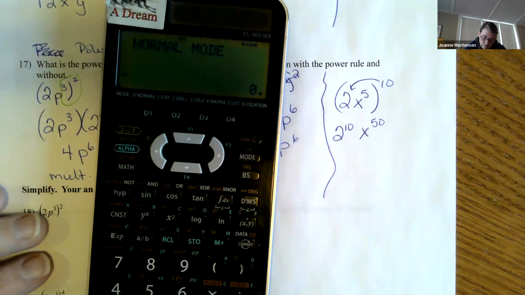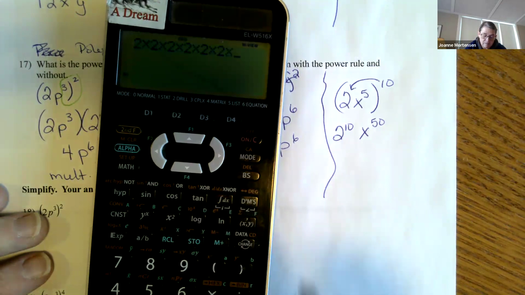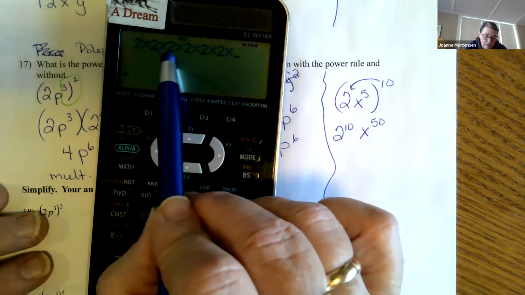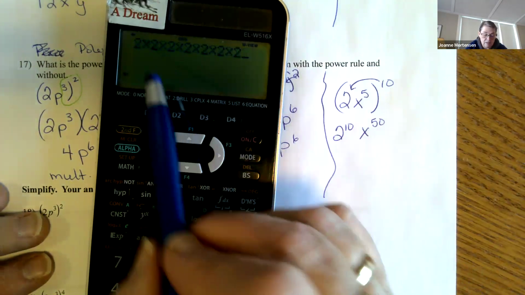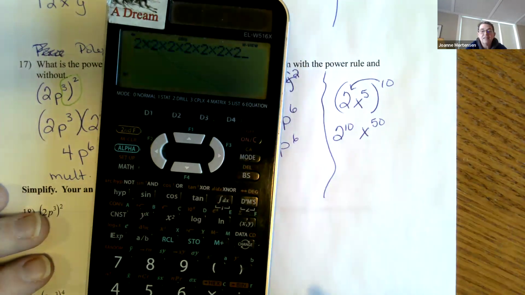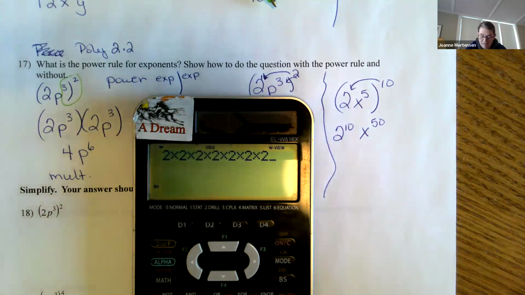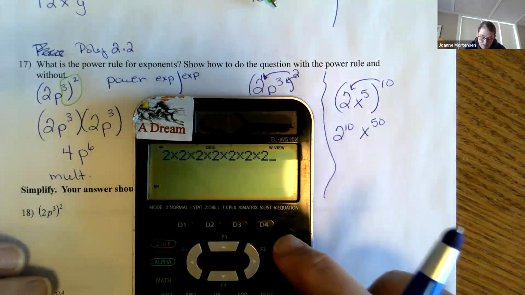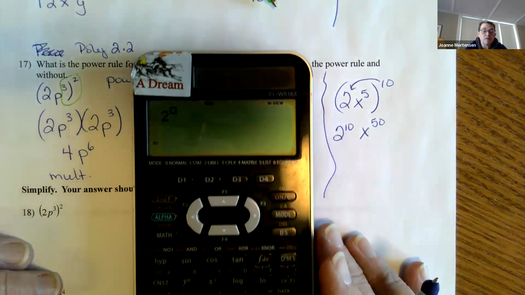Now I could go 2 times 2 times 2... Okay, I'm horrible at that because I keep losing track and then I don't trust myself. What we need to do is 2. Now on this calculator, I have a y to the x button. Let me move it up so you can see.